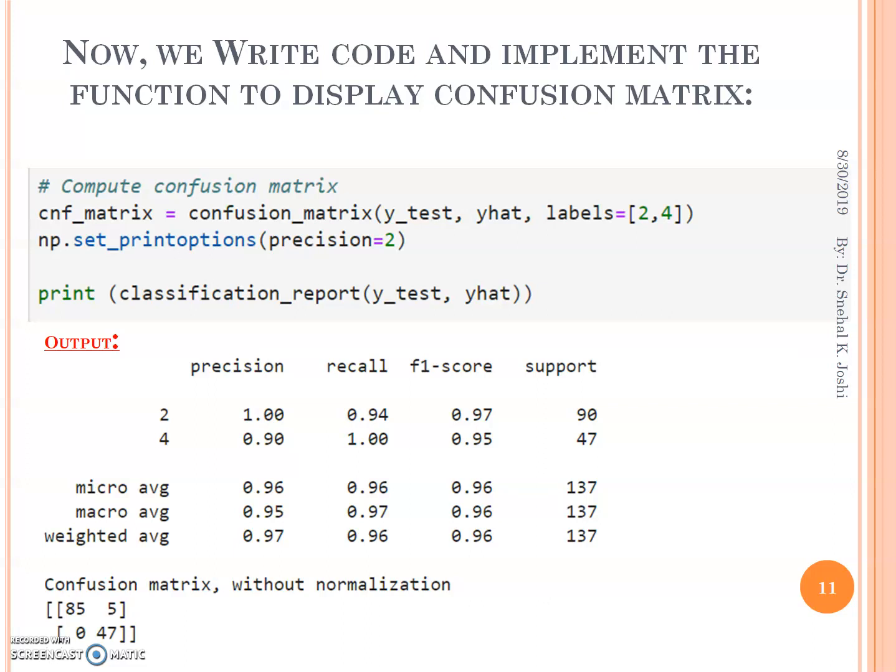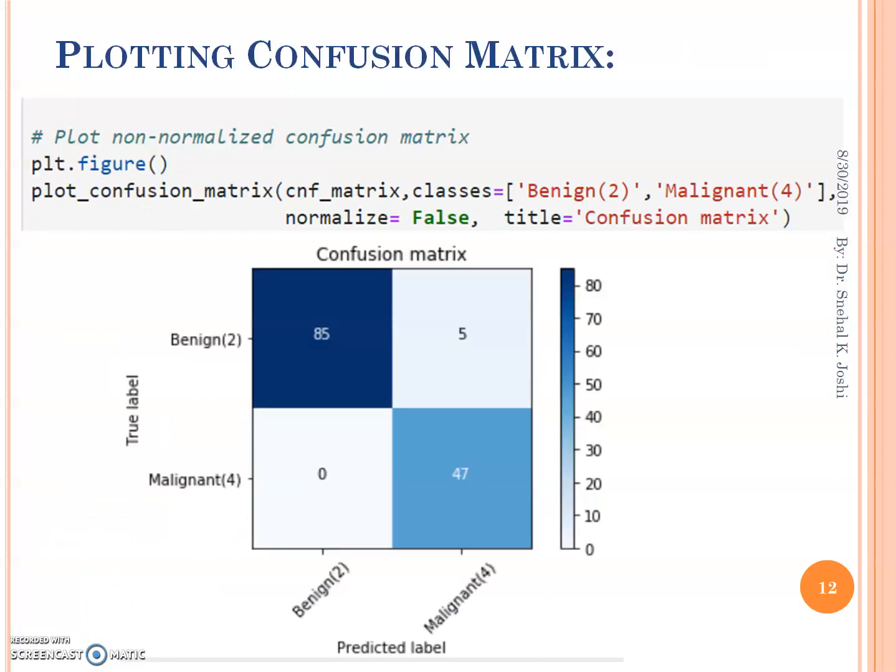We give precision equal to 2 to display the output with 2 decimal places. Then we display the classification report for y-test and y-hat. You can see the output which shows precision, recall, F1 score and support value. We will understand it in the following slide.